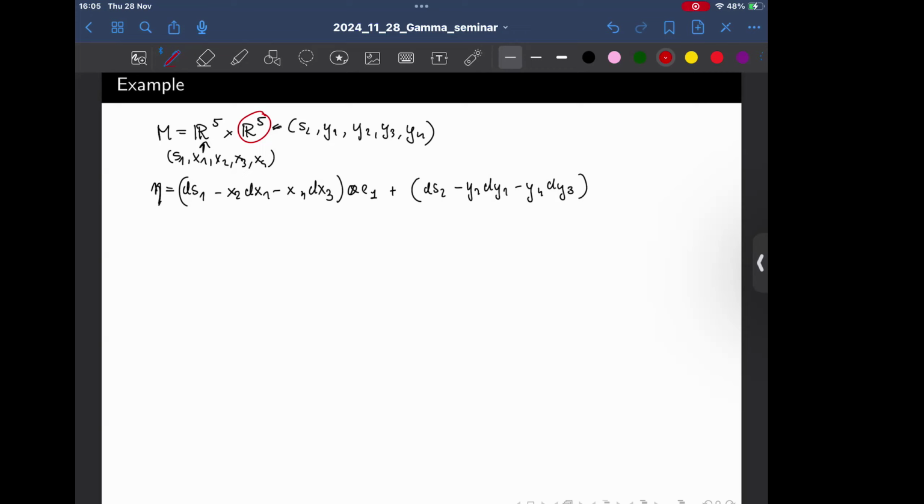So now consider the fundamental vector fields of the following form: this is d over ds2, the second is d over dx1 plus d over dx3, and the third one is d over dy1 plus d over dy3. Of course, we have that the Lie derivative of bolded eta is equal to 0. So these vector fields leave the k-contact structure invariant.